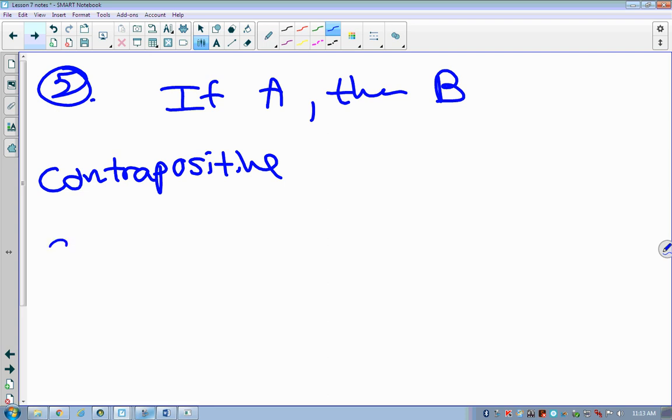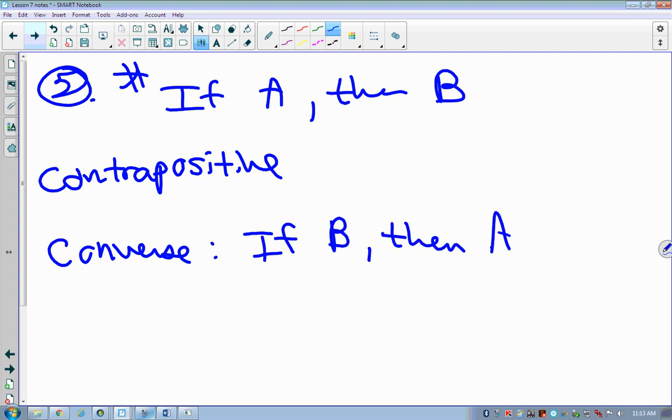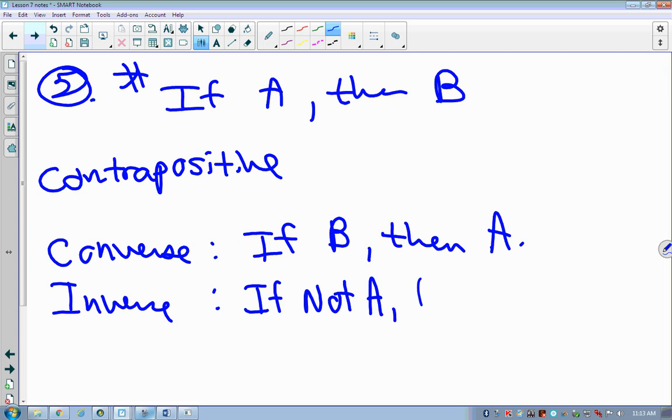Converse: this is the statement, and converse is if B, then A. Inverse is if not A, then not B. Inverse keeps the same order with my hypothesis and my conclusion, but it makes them negations.